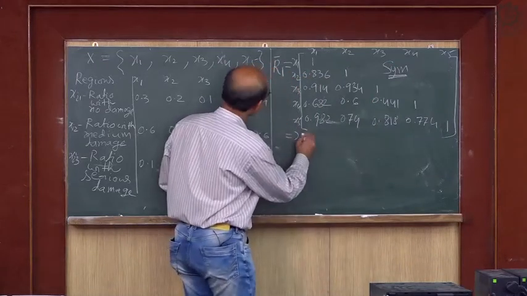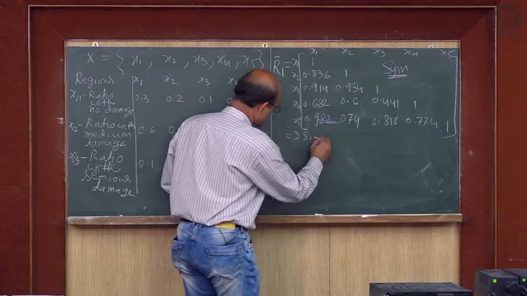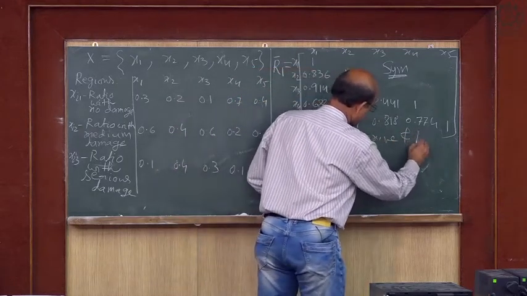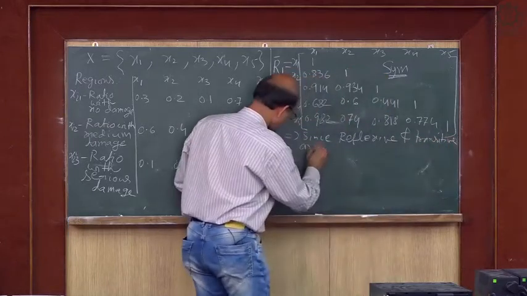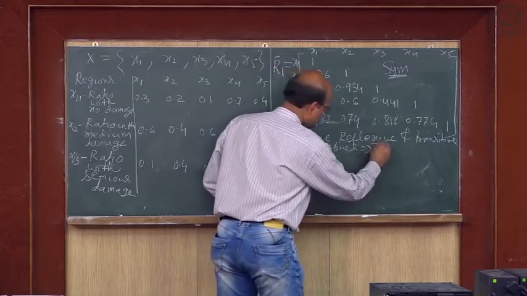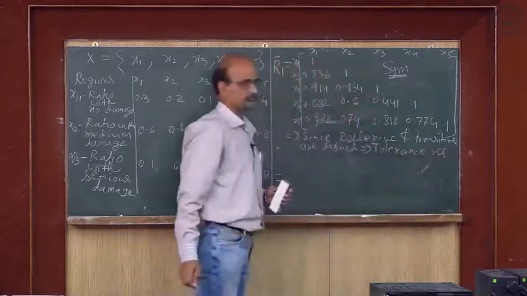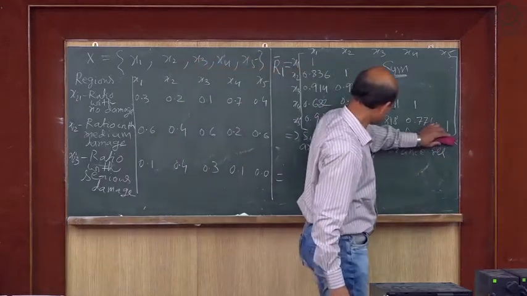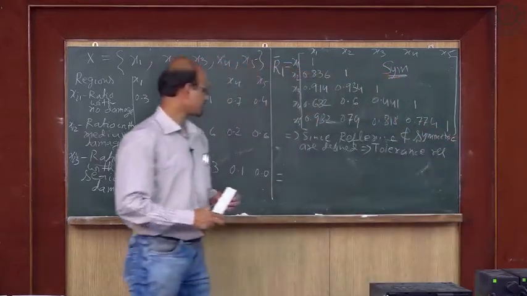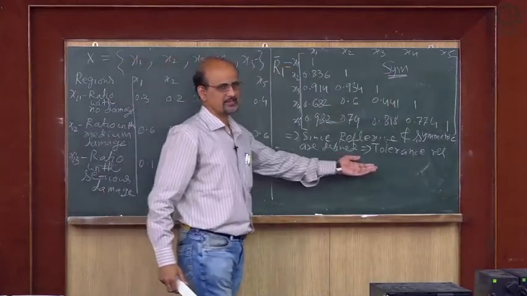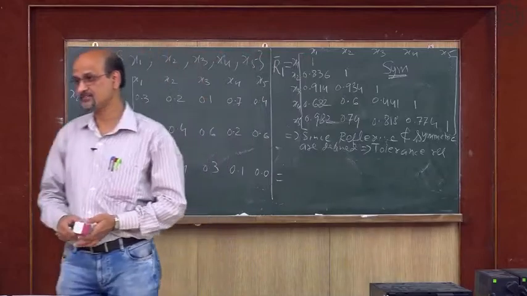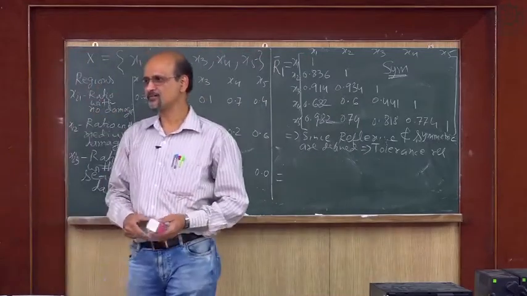Since reflexive and transitive are defined, oh sorry, reflexive and symmetric, yes. Since reflexive and symmetric are defined, it is a tolerance relation. Now, I can make it an equivalence relation by composition.